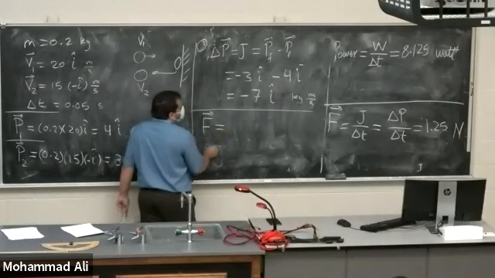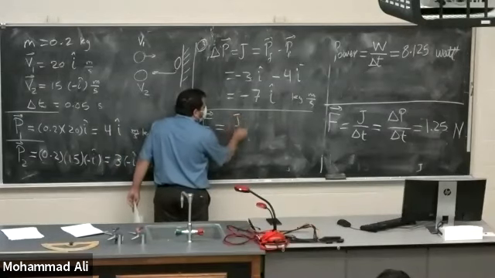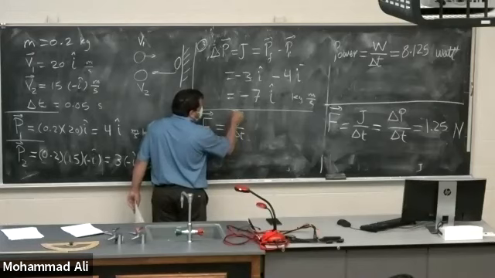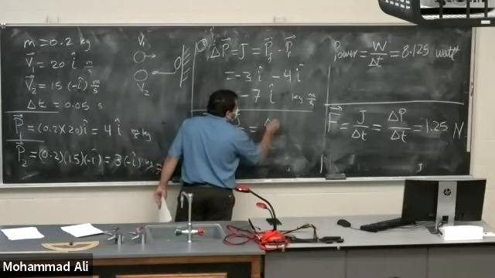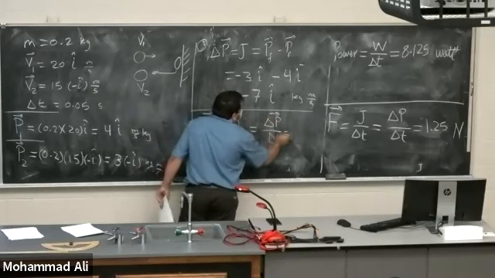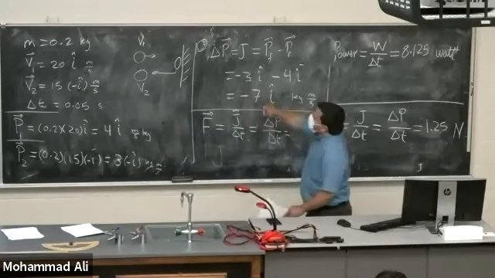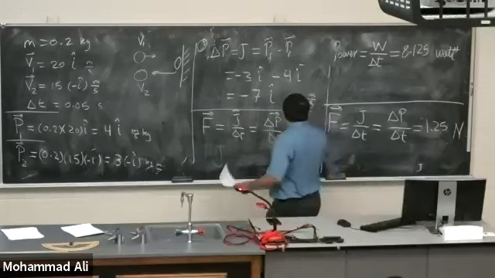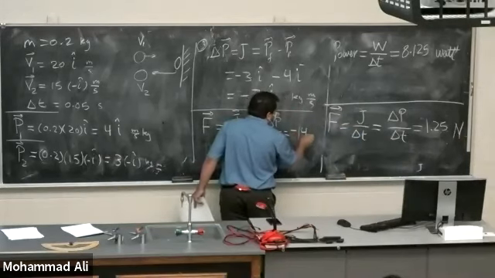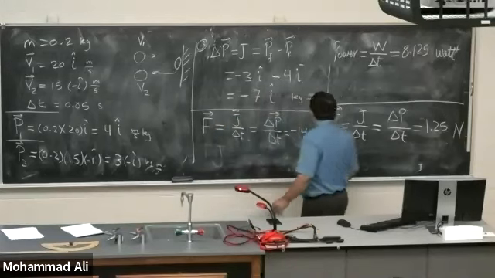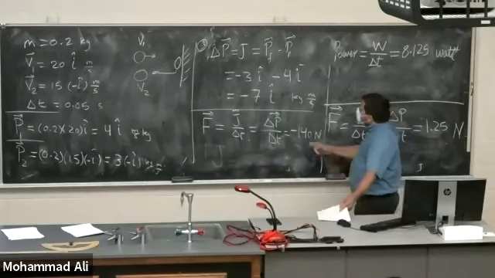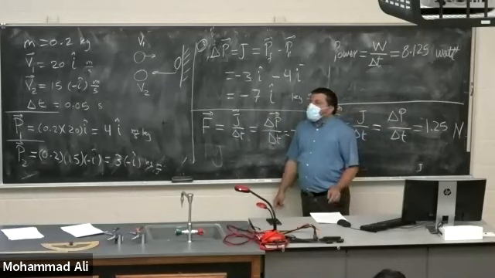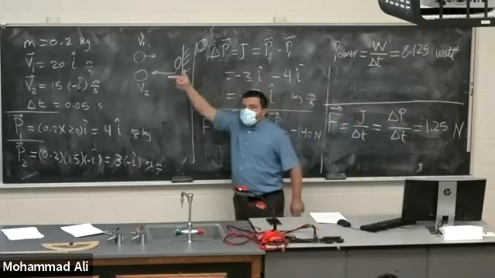It is equal to J over delta T as a vector. Also, it is equal to delta P, which is the same, over delta T, which is equal to 7 over that time. It will be minus 140 newtons. The negative sign means that the force is in the negative x direction.